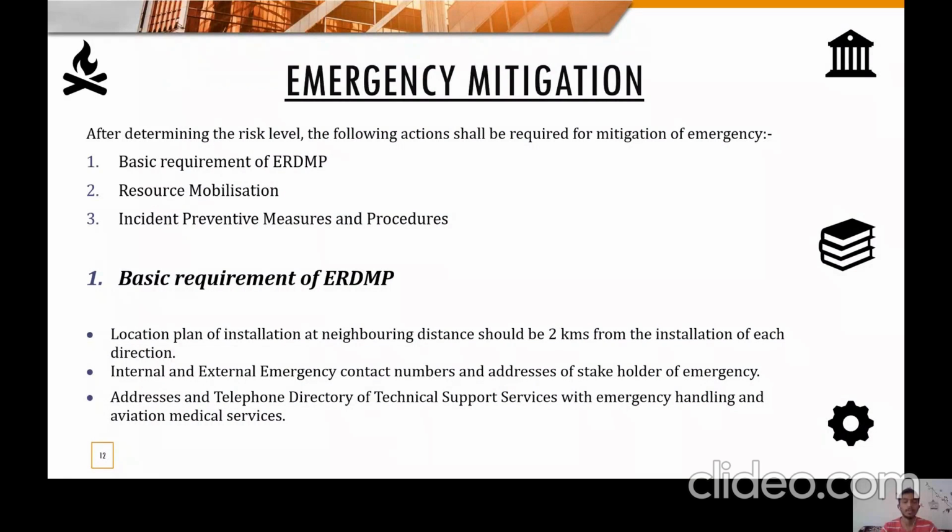Now coming to the basic requirement of ERDMP, there should be a site plan of the installation indicating the boundary walls and exit and entry plan.